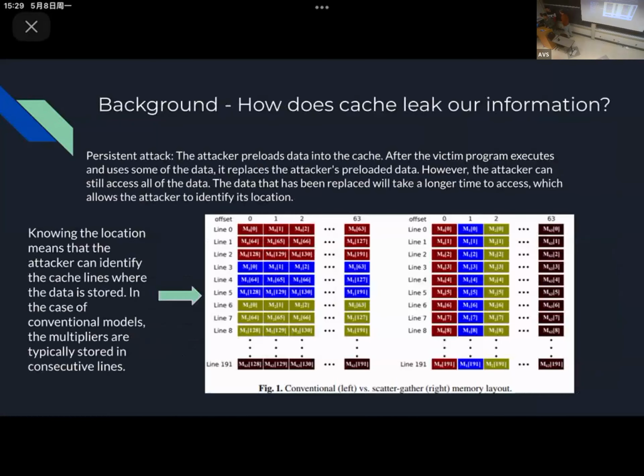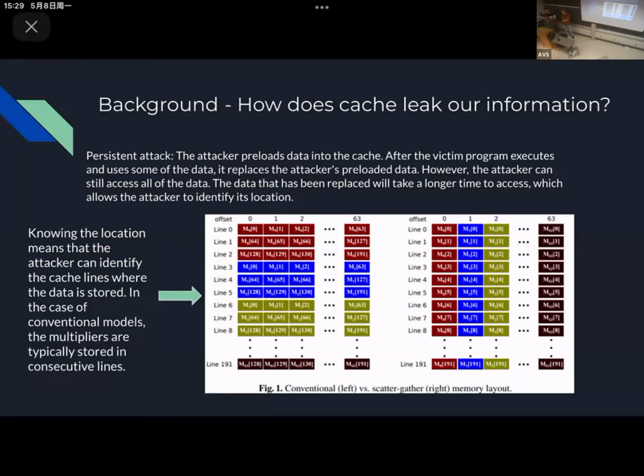Okay, now I will talk about how the cache leaks our information. In a conventional cache model like this, the multipliers are stored in consecutive lines, as shown in the picture in different colors.